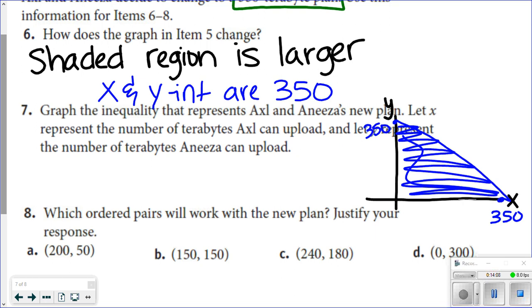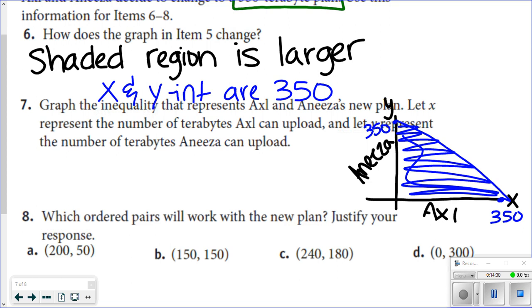You can just put it somewhere in the My Notes section of your book because there are graph paper portions. X represents the number of terabytes Axel can upload again. So this is Axel. This is Anisa. And I graphed that for you.